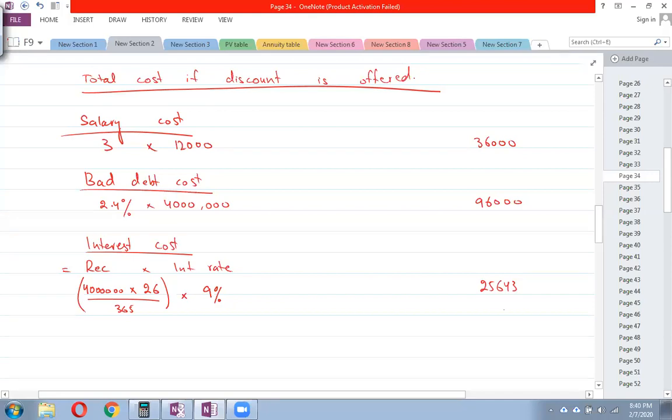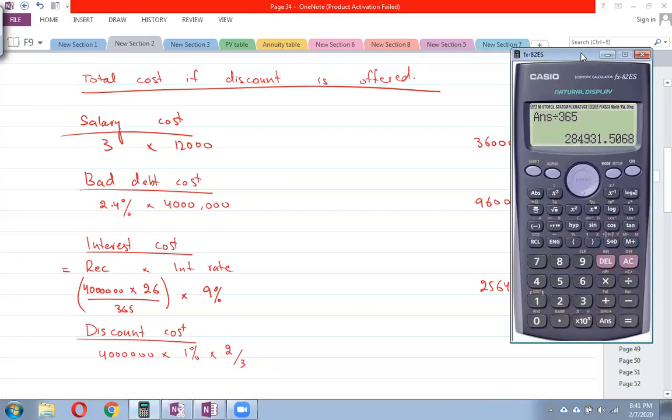Is there anything missing? What is missing? We are offering early payment discounts. So what about the discount cost? And discount is 1% of 4 million. So sales multiplied by 1%. But again, remember, not all the customers are taking the discount. Only 2/3 of the customers are taking the discount. So how much will be the discount cost?